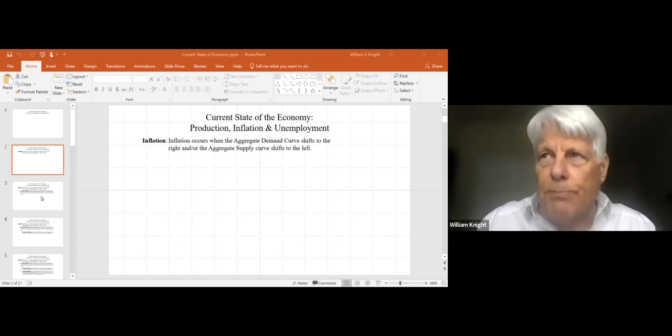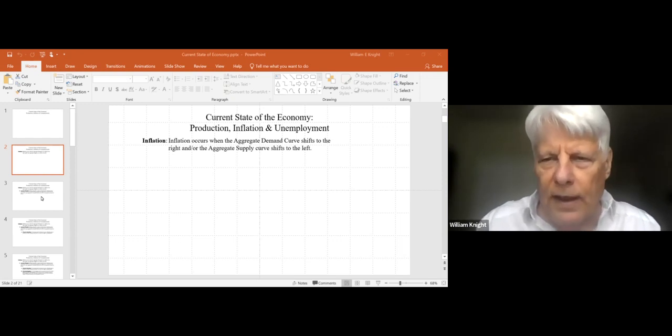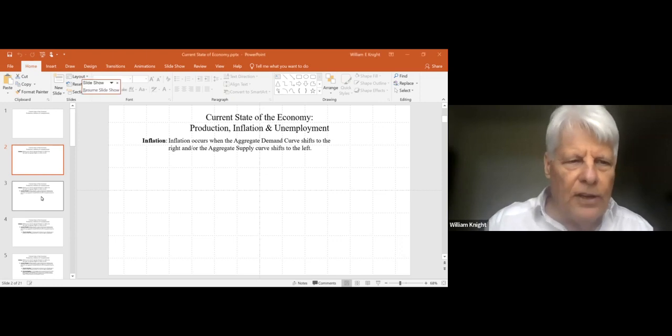The rising price of petroleum plus problems with the supply chain, that's shifting the aggregate supply curve to the left. And as a result, we're experiencing the beginnings of inflation.